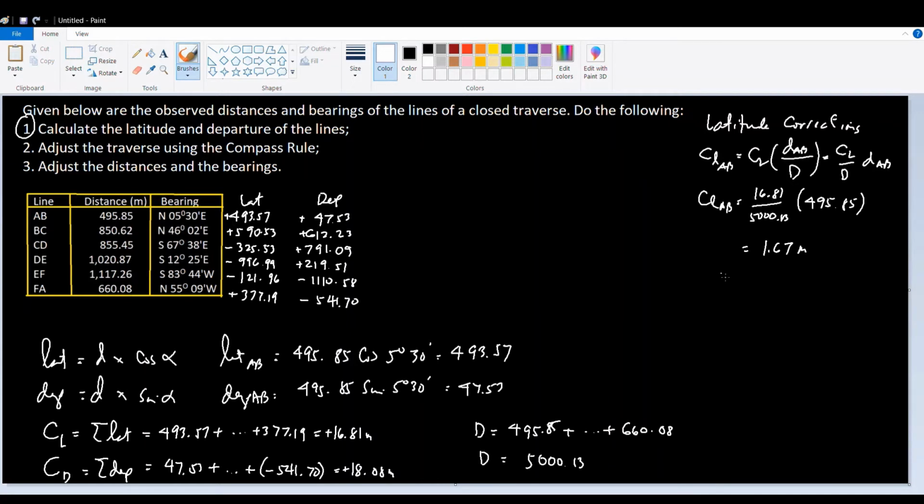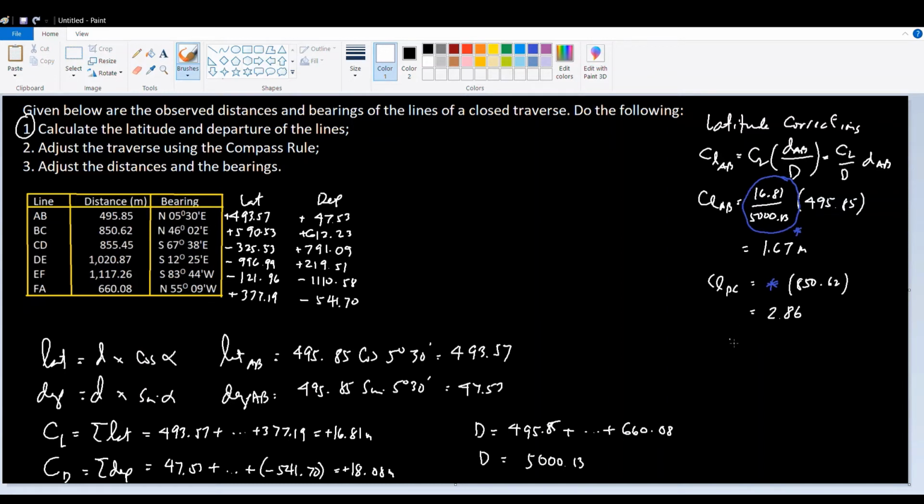For the next line, CL of BC, we'll be using the same factor, so let us call that the asterisk. It is just the asterisk times the distance of BC, which is 850.62, and that must equal 2.86. Again, you can check these values using your calculator.